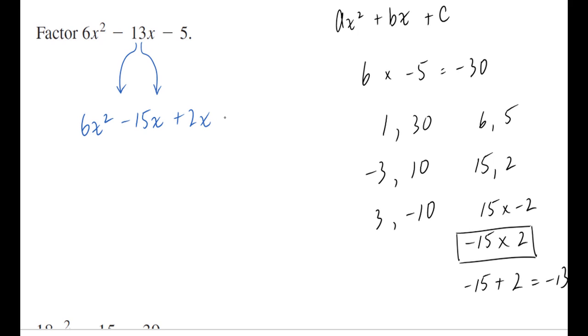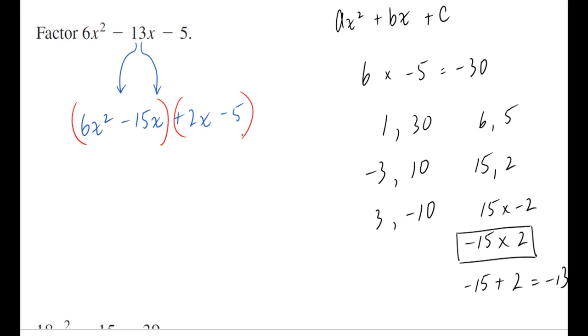So what I mean is that you can put the 2x term first and the negative 15x term second. It really doesn't matter. So now that we've decomposed negative 13x into negative 15x and plus 2x, what we have to do is factor by grouping. What I mean by that is factor these two terms individually and factor these two terms individually.